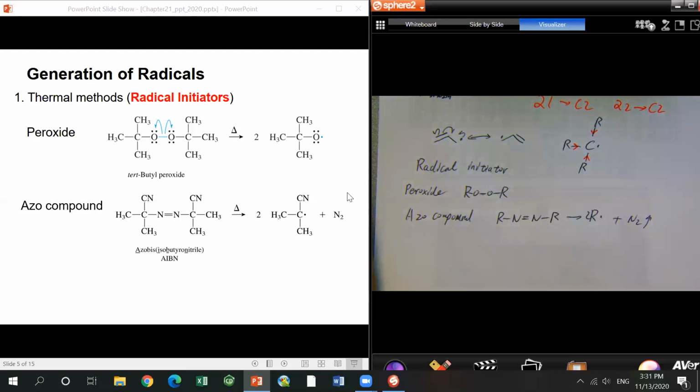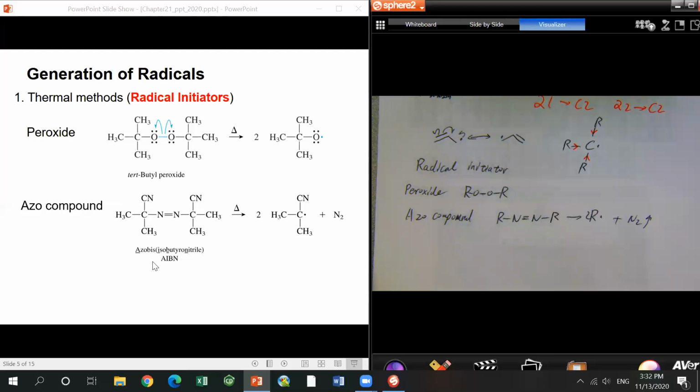One of the most famous radical initiators is called AIBN, shown here. The full name is azobisisobutyronitrile. You don't need to remember its structure or its full name.